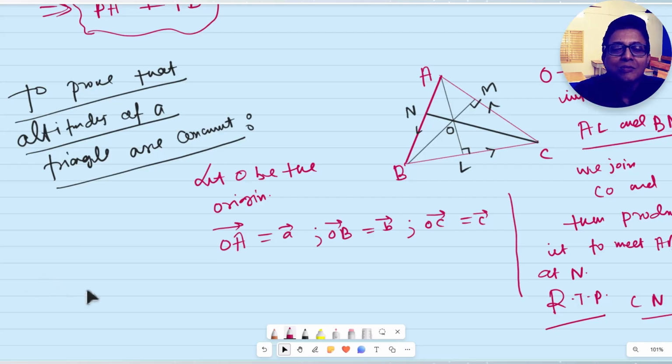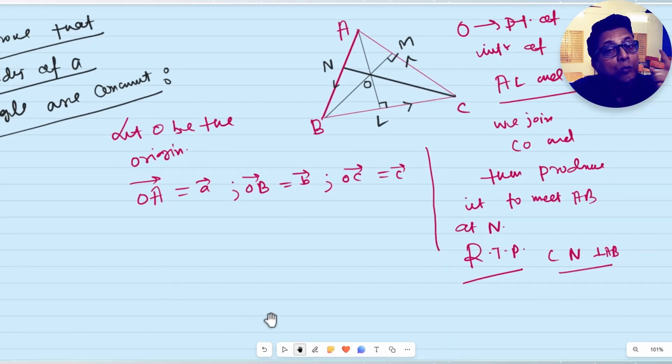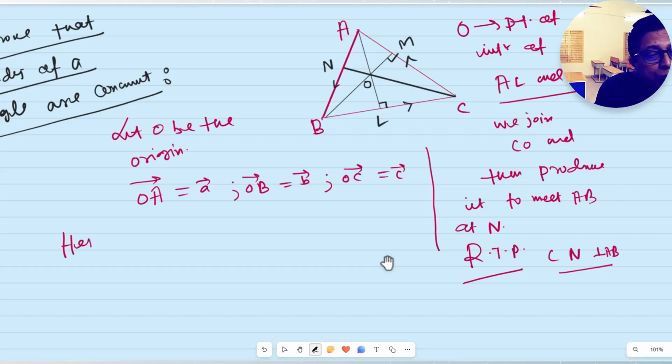Now, we have seen that AL is perpendicular to BC. What is the BC vector? The BC vector is the position vector of C minus B, that is C minus B. What is the AL vector?